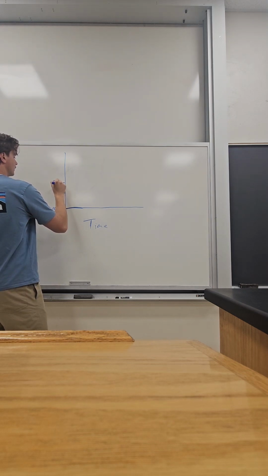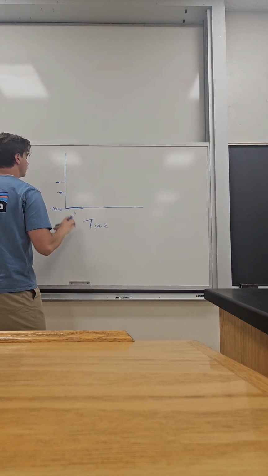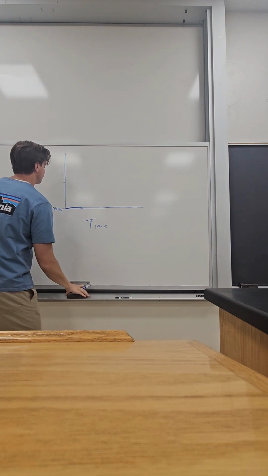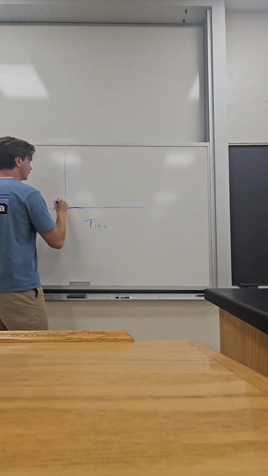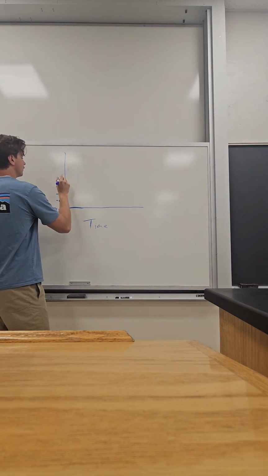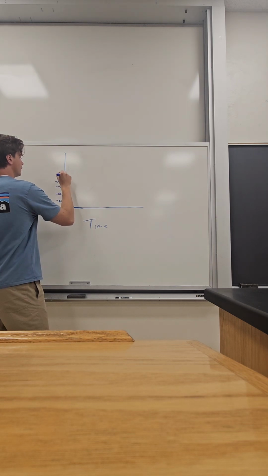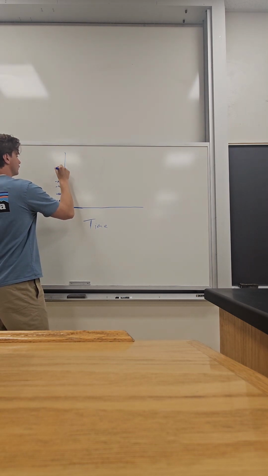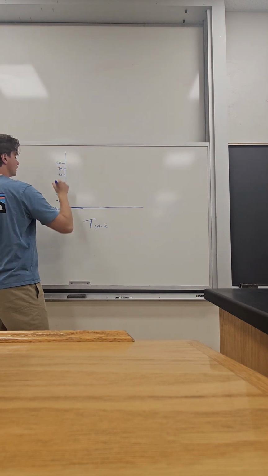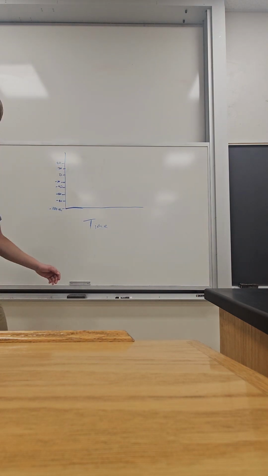Negative 60 right there. Well, we should scale it a little bit differently here. Negative 80 right there. Negative 60. Negative 40. Negative 20. 0. 20. 40. And so on.